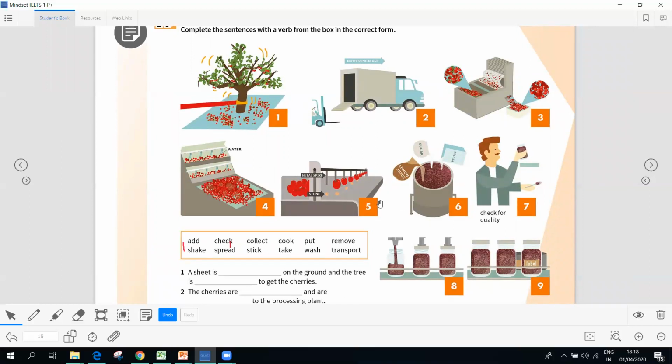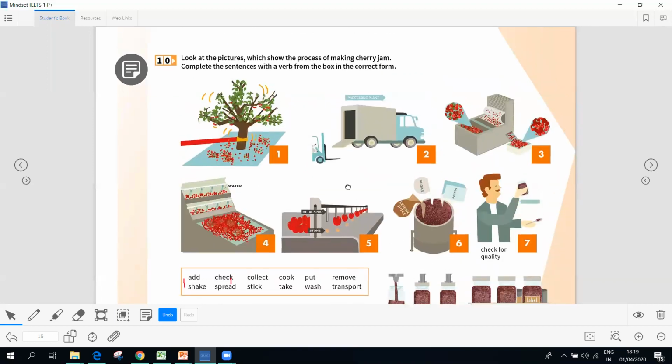So pause the video and look at the pictures carefully. Also read the words in the box. You can look up the meaning of the words in the box in the dictionary if you have difficulty.